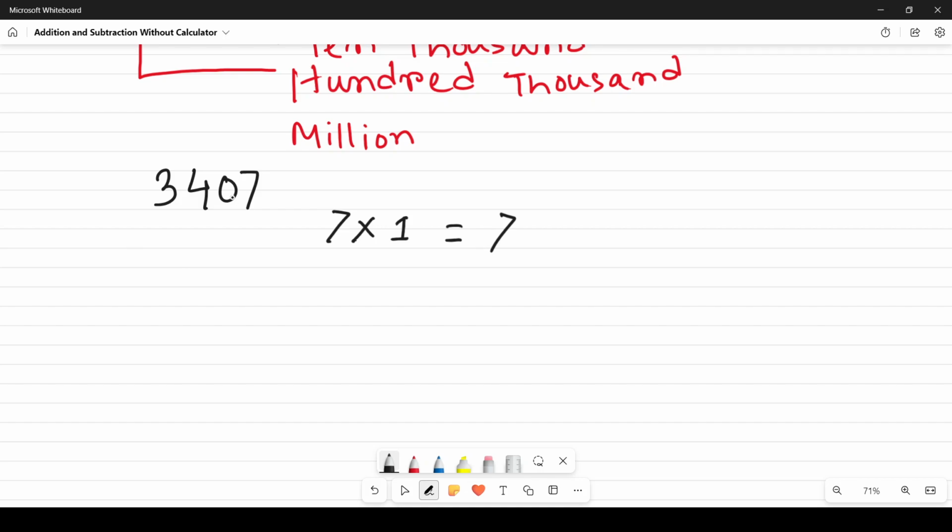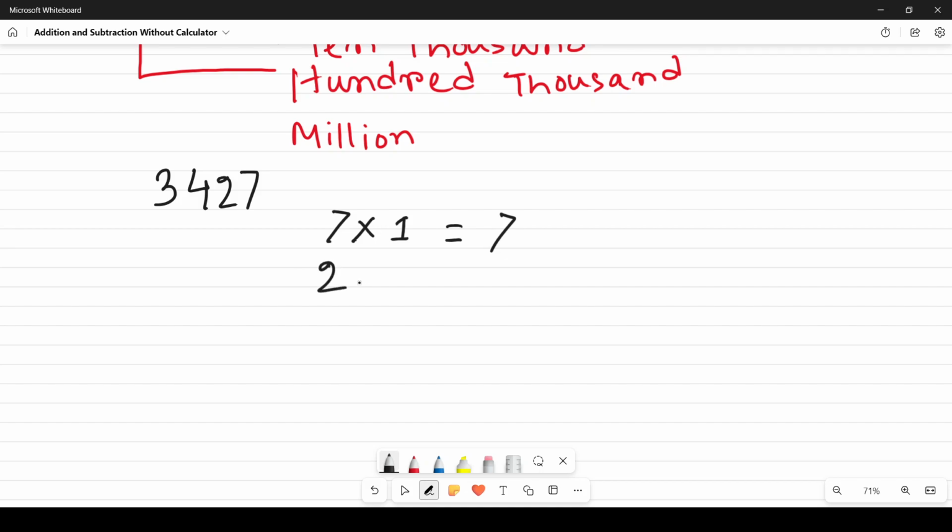Then this 0 has a place value of 10, so 0 multiplied by 10 is 0. Let's make it more interesting, because anything multiplied by 0 is 0. Let's take a proper number, maybe 2, so let's form 3427.